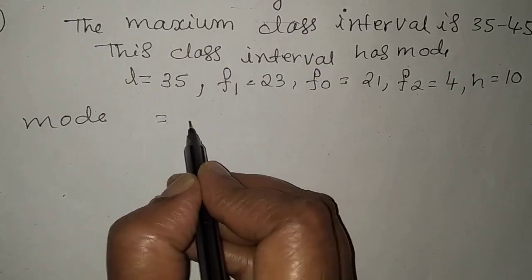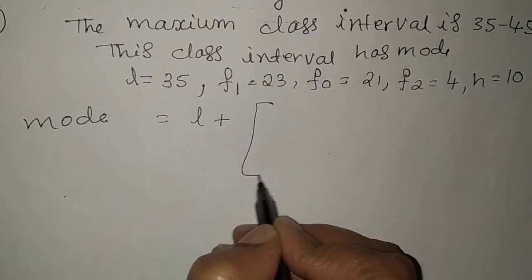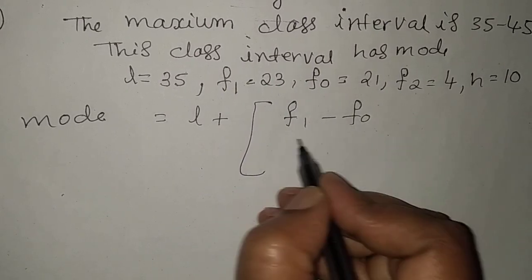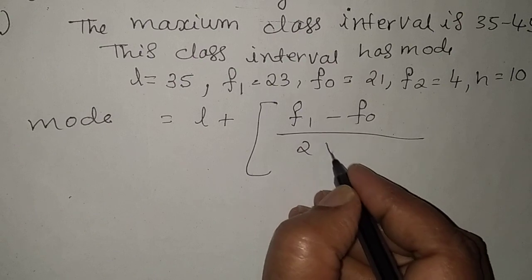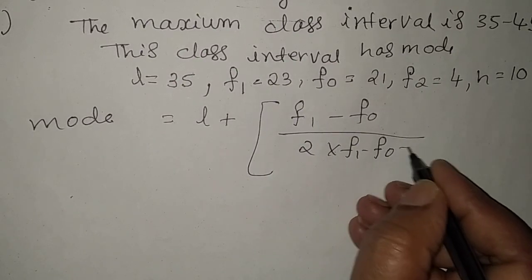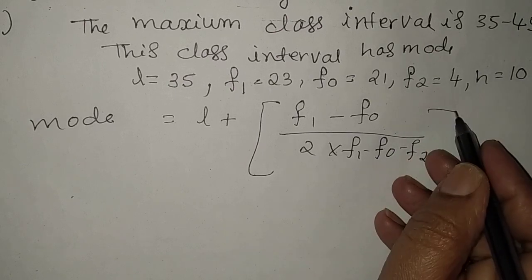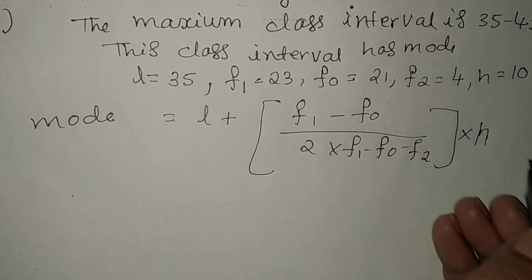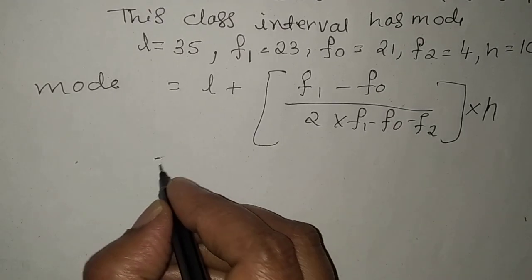Mode is equal to L plus, is the formula, F1 minus F0 by 2 into F1 minus F0 minus F2, into H. Now substitute the values.